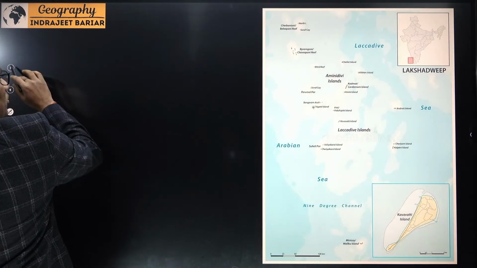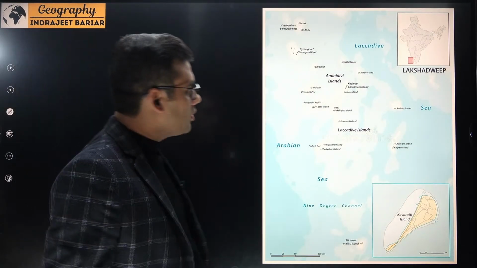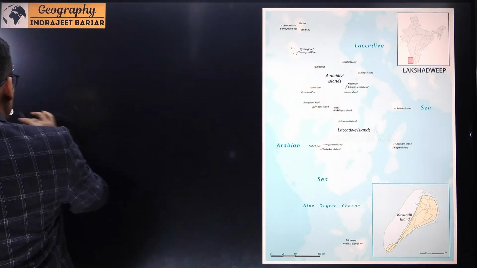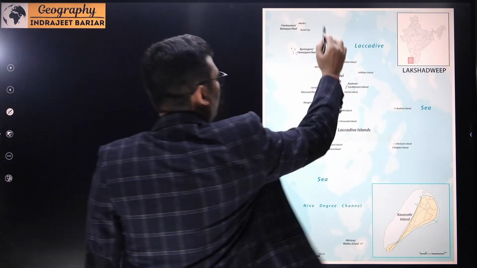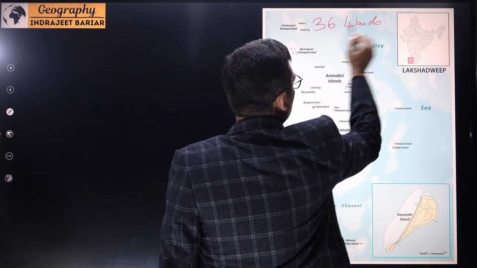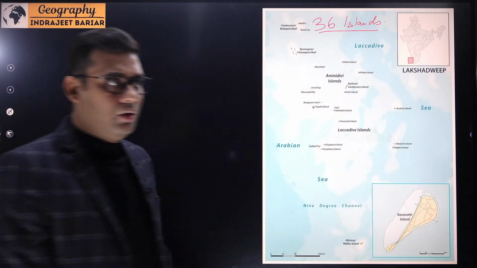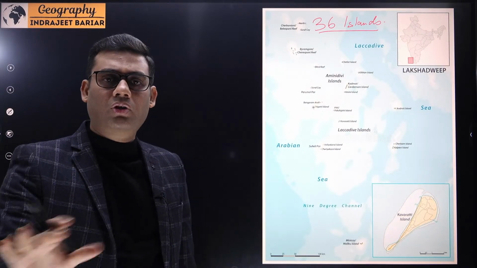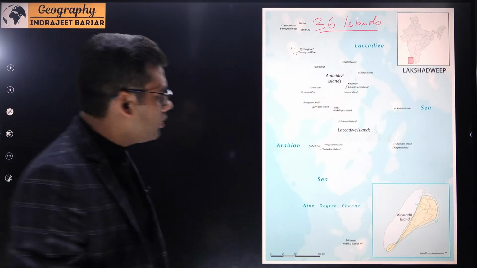Now overall basic information about the Lakshadweep: the first thing is the Lakshadweep Islands comprise effectively 36 islands, out of which 10 are inhabited, and the whole of the Lakshadweep Island group I can divide roughly into 3 groups. What are these 3 groups?